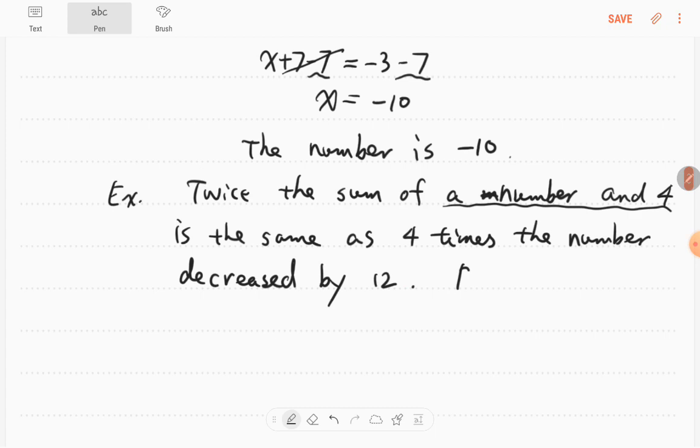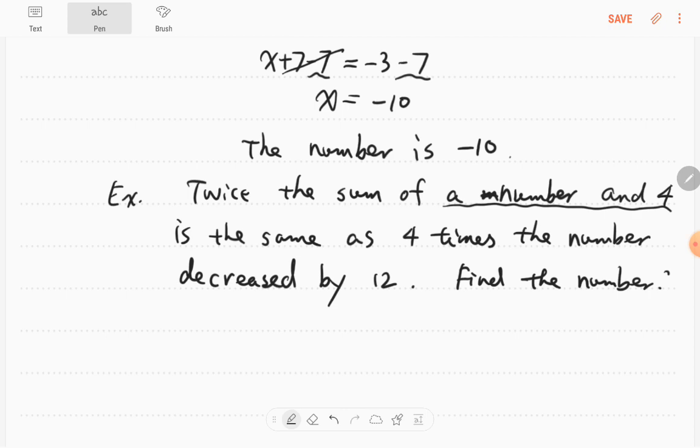We still need to find the number. So after we read the question, we know there is something important here. We have twice the sum. So this time, make sure you know you should get the sum of two numbers, then multiply by 2, right? So which means maybe we need the parentheses here.